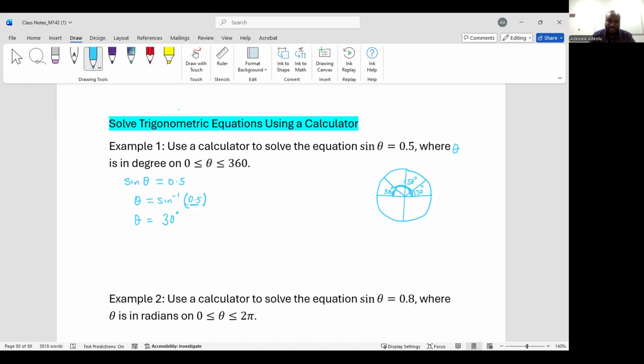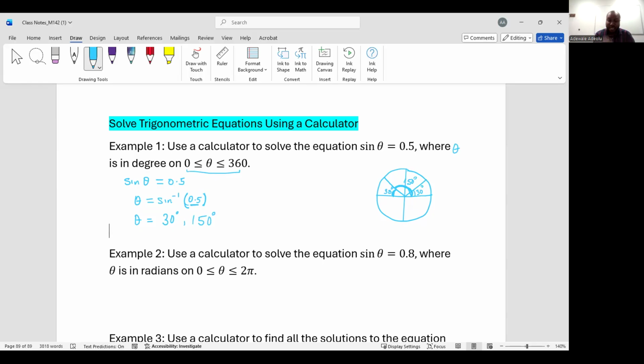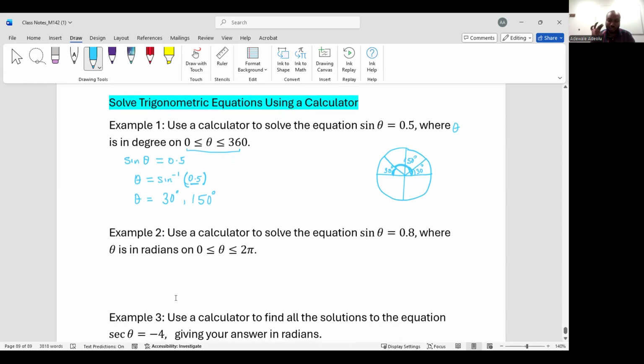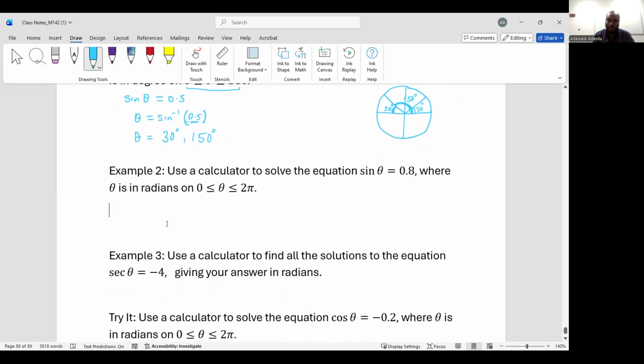So all the solutions between 0 and 360 degrees will be 30 degrees and 150 degrees. That is why I'm using the calculator, just to show you that when you are looking for all solutions, the calculator is just going to give you one because it is restricting it to the restricted domain for sine.